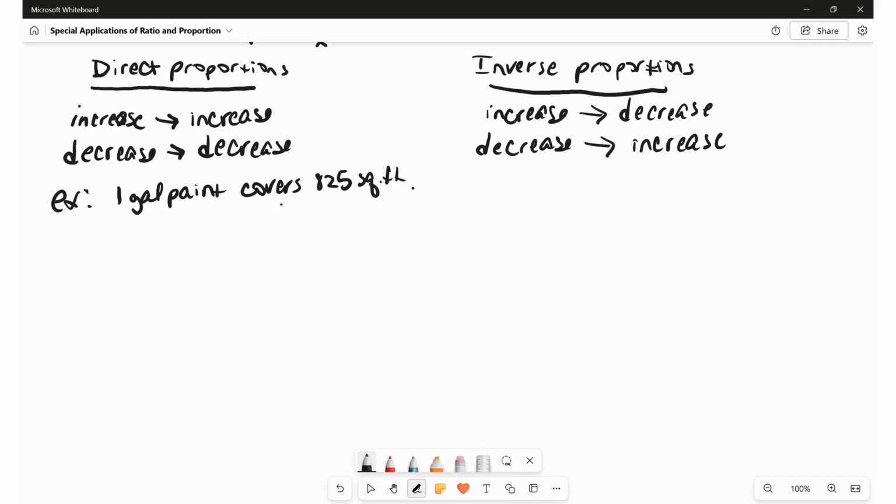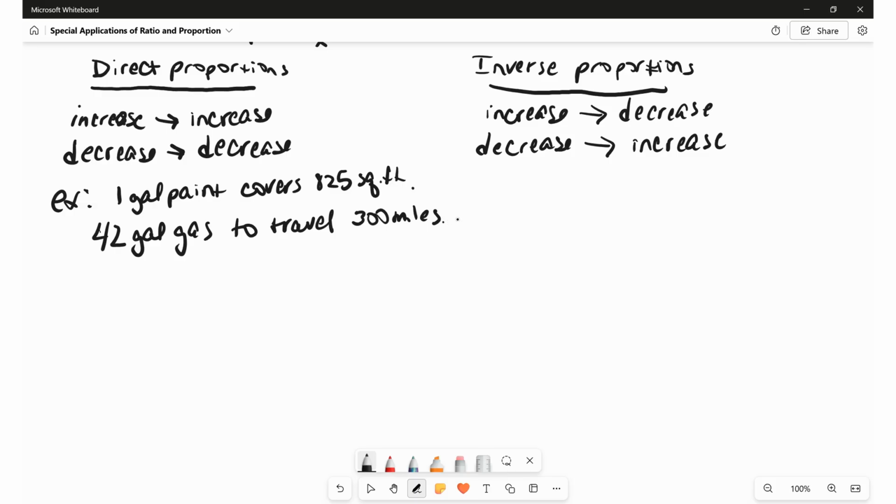Another example is, let's say that it takes a particular vehicle 42 gallons of gas to travel, we're going to say that you have a very inefficient vehicle, 300 miles.